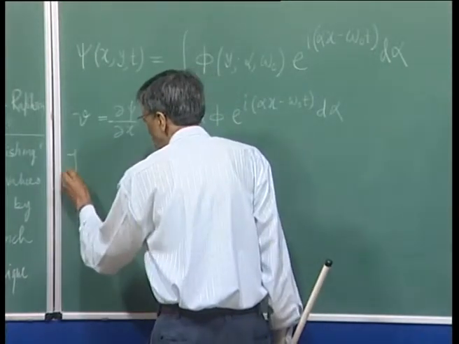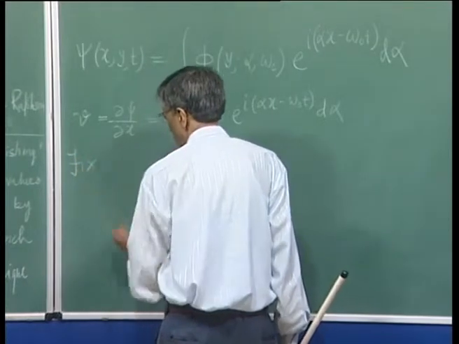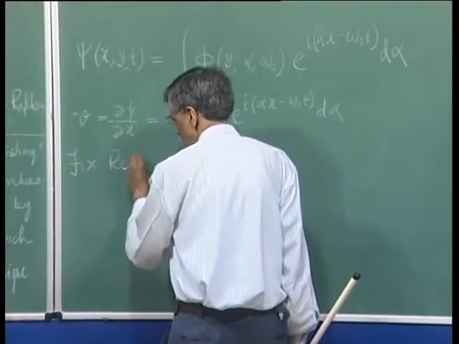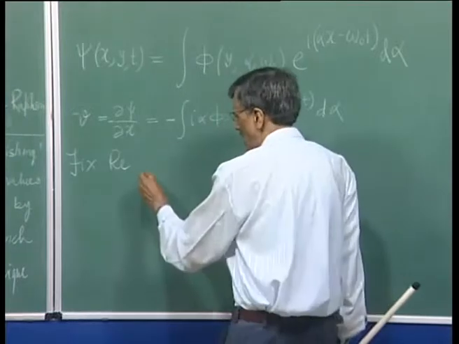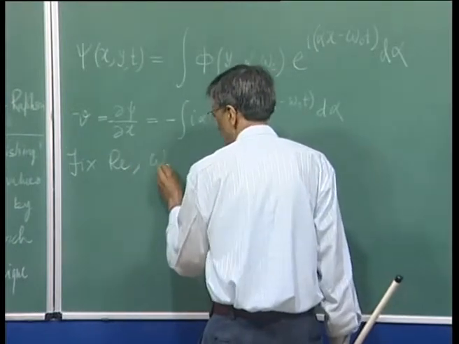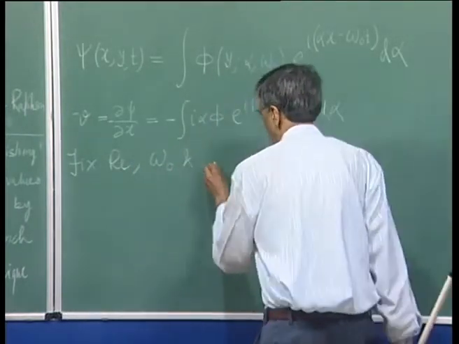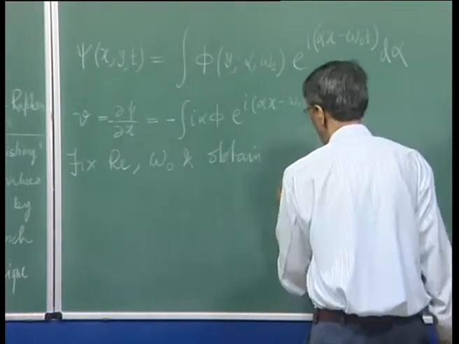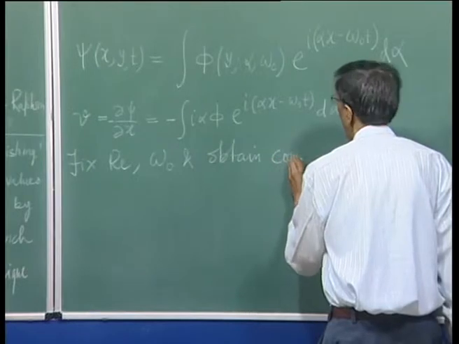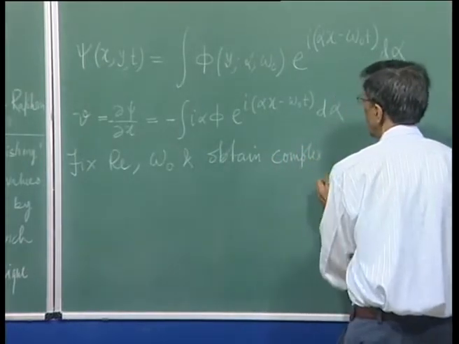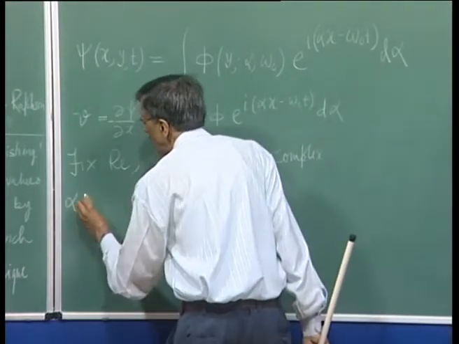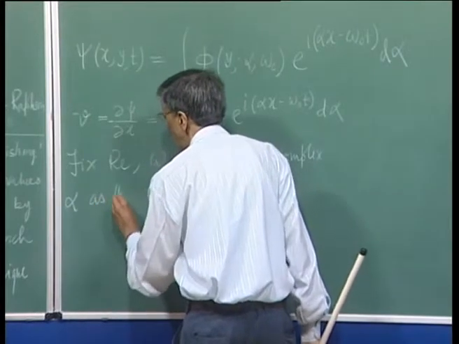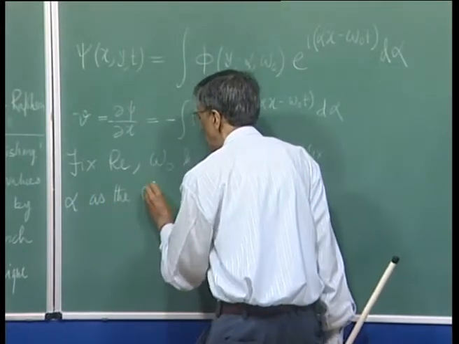So, what you do is we fix Re, the Reynolds number, and omega naught, and obtain complex alpha as the eigenvalue, right.